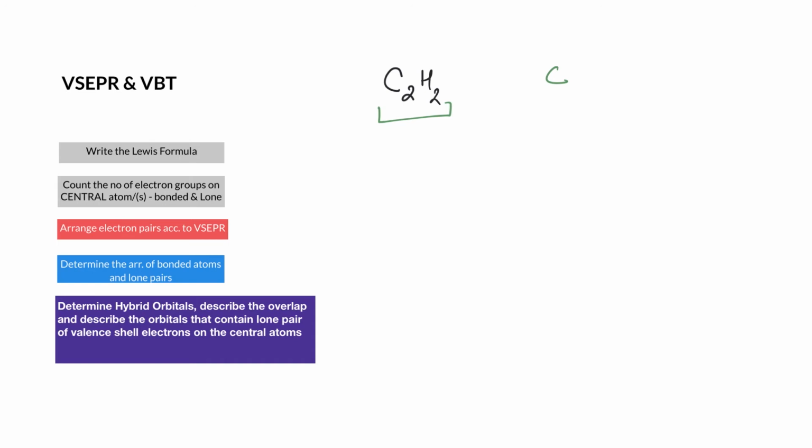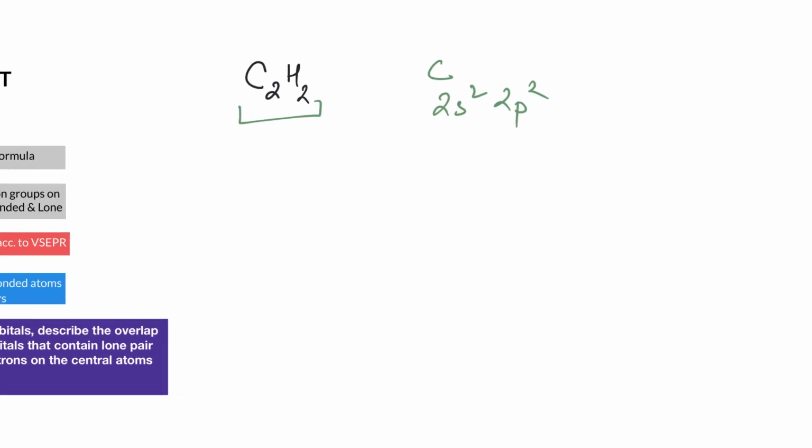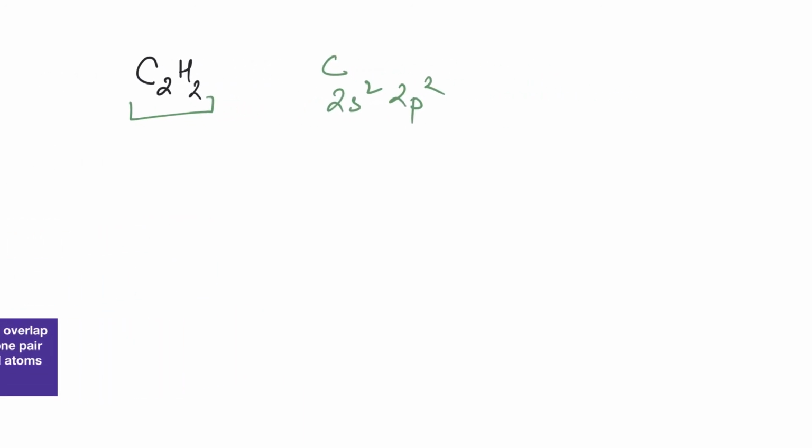Okay, so I hope that you pressed pause and did it yourself, and let us now do the same thing. So we already know 2s2, 2p2, right? That is the valence shell. But again, in the case of carbon, let me put those together.